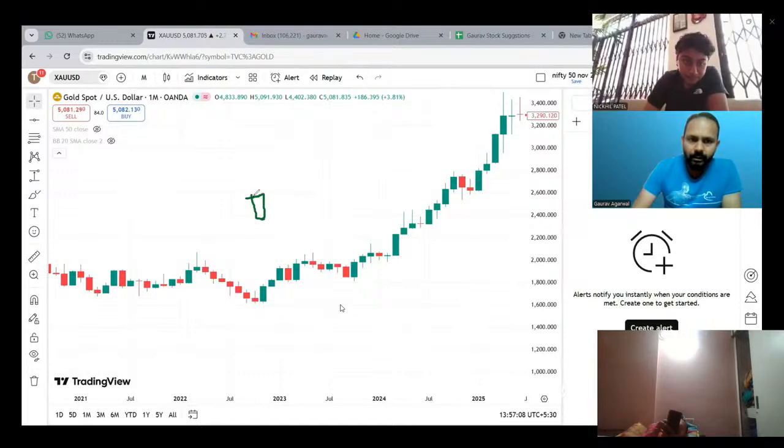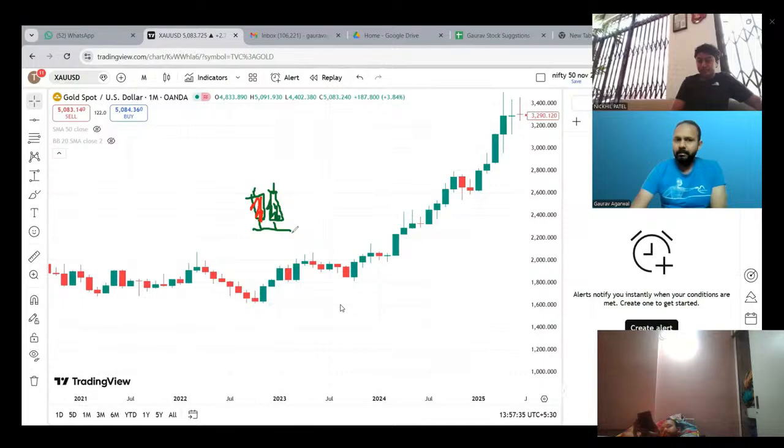One candle will look like this. And then we have one more candle, which may also be somewhat like this, but it will be green in color, right? Two candles in parallel, right? So both the candles should be forming the same bottom.